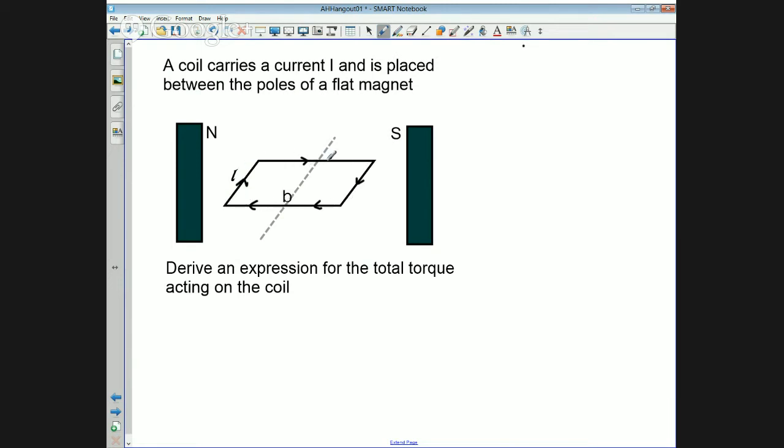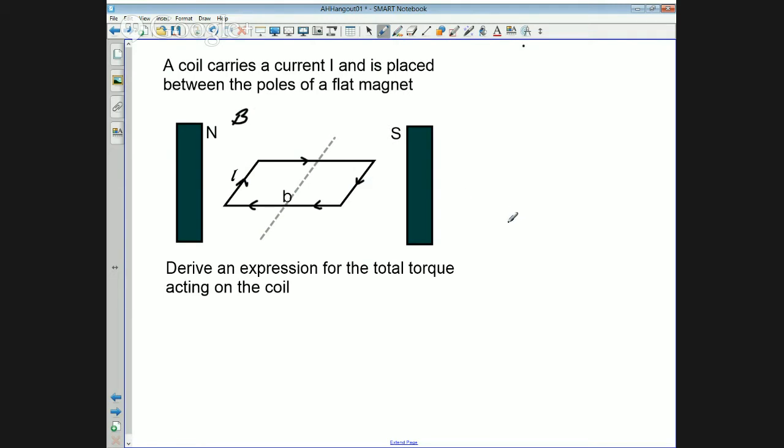It looks a bit like it's floating in space at the moment, but to make the diagram simpler, this is the axis of rotation, this dotted line here. And the coil has got a length L, and it's got this breadth, small b, here. There's a magnetic field between the two faces of this magnet here, and we'll call the magnetic field capital B.